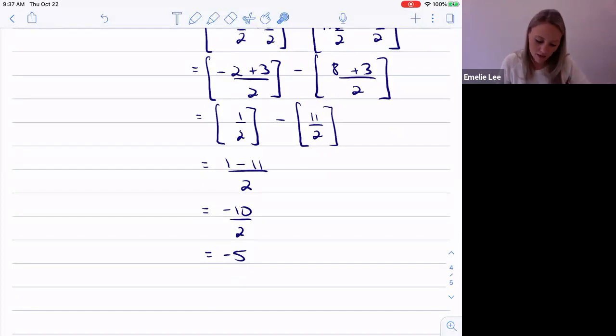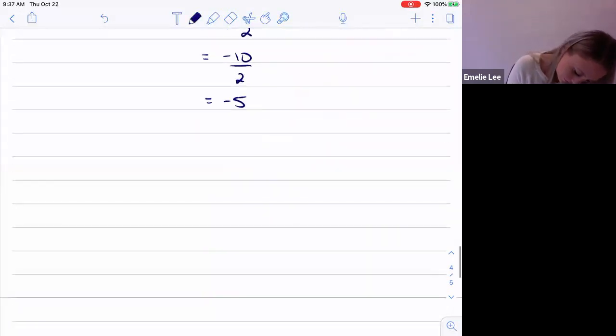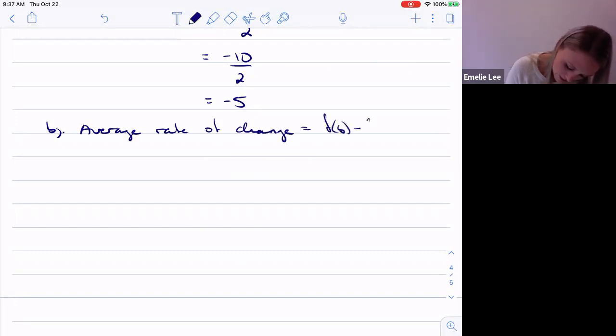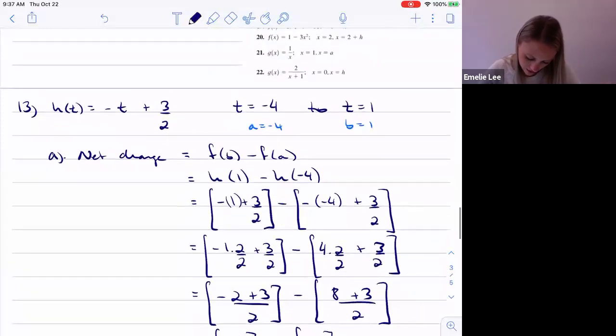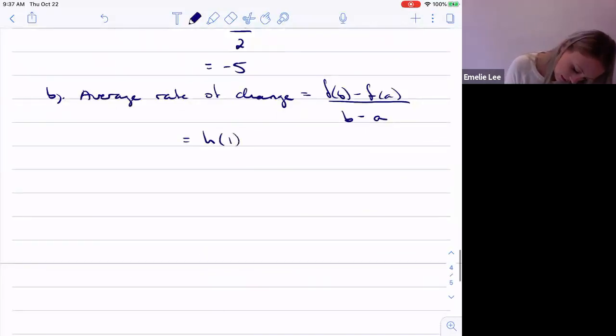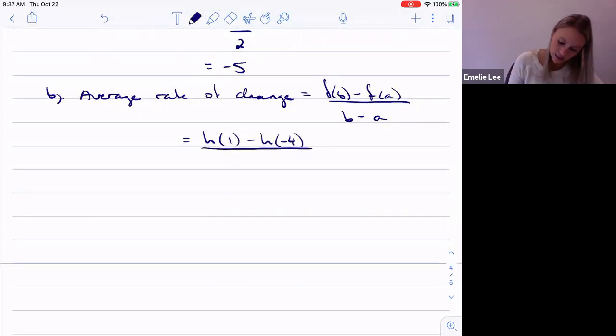And so the average rate of change is f of b minus f of a divided by b minus a, which in our case is h of 1 minus h of -4 divided by 1 minus -4.